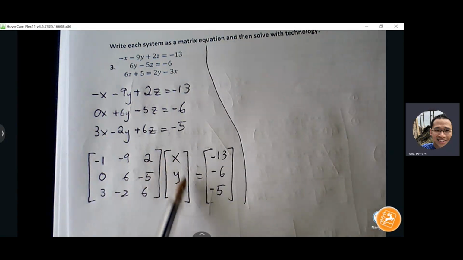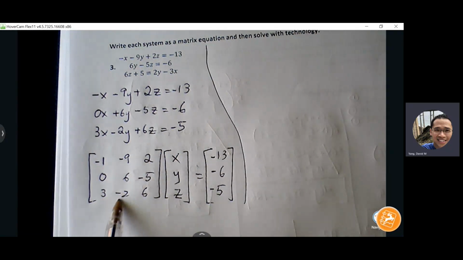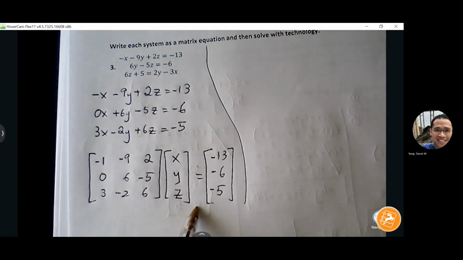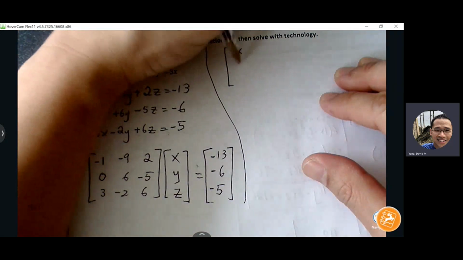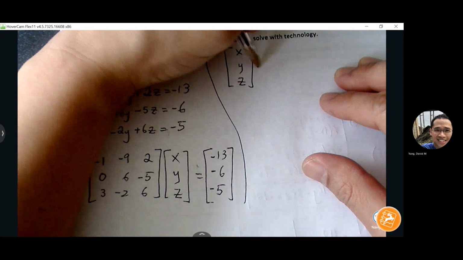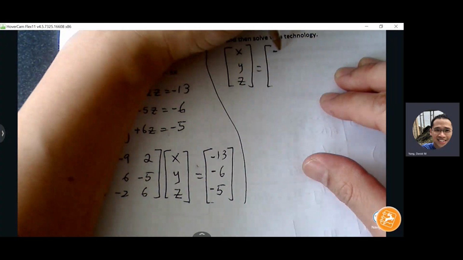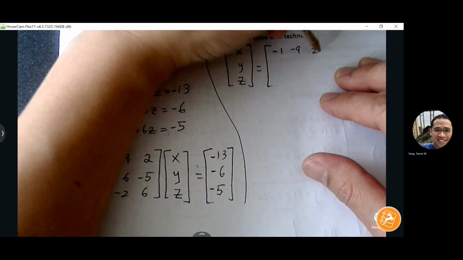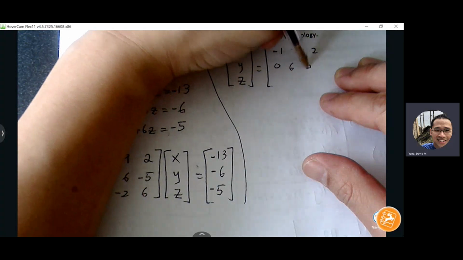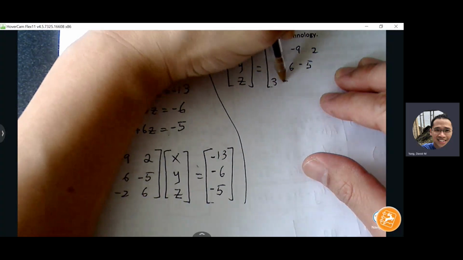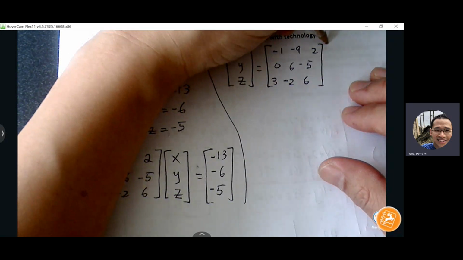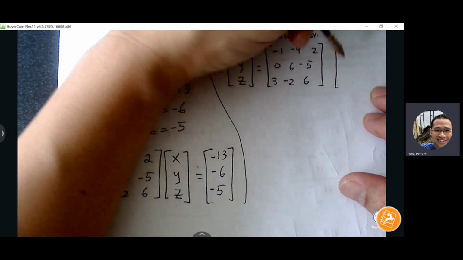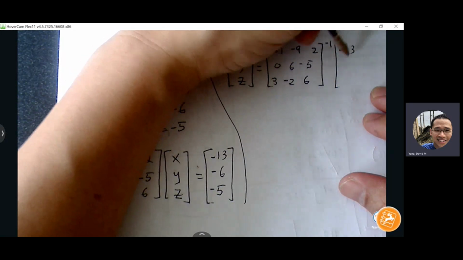So I want to solve for this variable matrix, which means I have to move this 3x3 matrix. So if I want to move it, I'm going to turn it into the inverse, and it's going to come first. Okay, so it looks like this here. X, Y, Z equals the inverse. Make sure you put that notation to remind yourself that this is not the matrix you're going to multiply by. You're going to get the inverse of this matrix, then multiply it by this constant matrix.